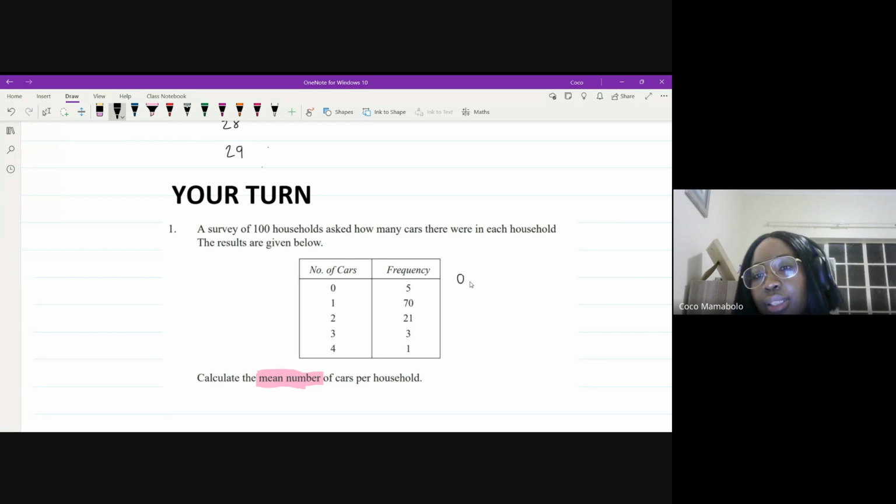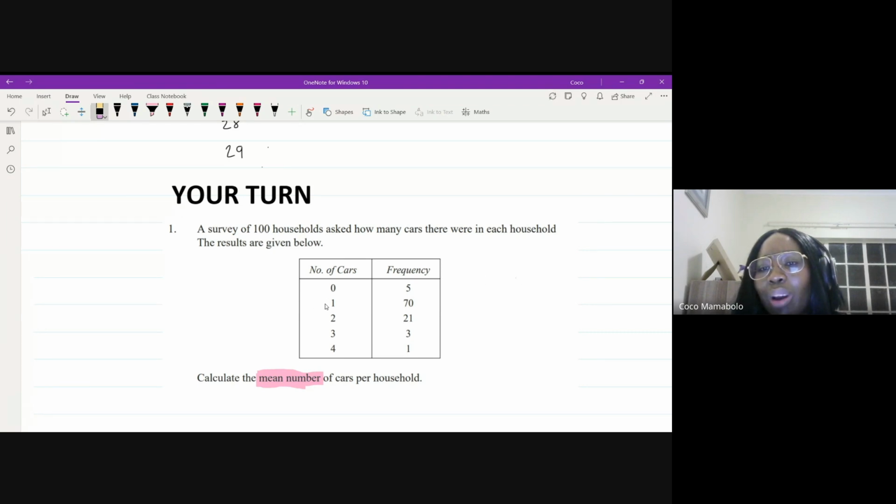We would go 0 plus 0 plus 0 plus 0 plus 0 because there's 5 of them. And then you would have to write 1 70 times. Why would you go on your calculator and go plus 1 plus 1 plus 1? No, we're just going to go 0 times 5 is still going to give us 0.